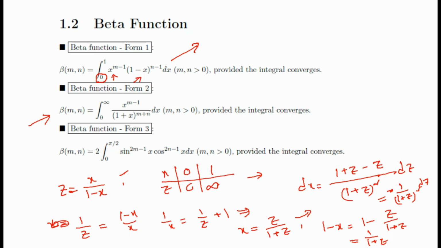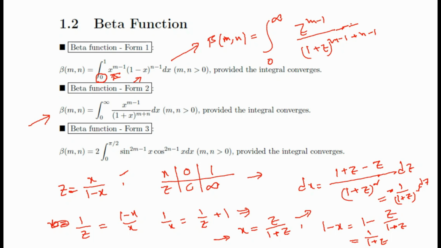Now let's see beta m n equal to 0 to infinity. So x power m minus 1 is there. So here x equal to z by 1 plus z. So z power m minus 1 by 1 plus z power m minus 1 into 1 minus x. 1 minus x means 1 by 1 plus z, and this power n minus 1, into this one 1 by 1 plus z whole square dz.